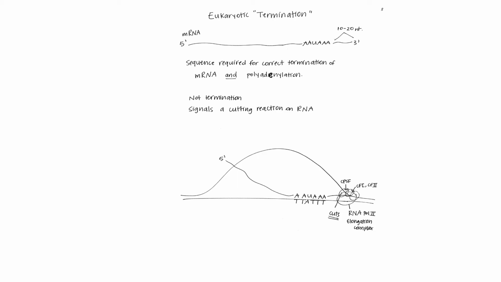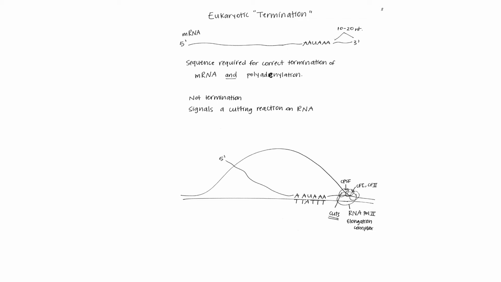It's required for proper termination of the transcript, and it's required for polyadenylation, which we'll talk about in a few minutes. So it's not termination per se, but what happens is the RNA gets cut 10 to 20 nucleotides downstream from that sequence.